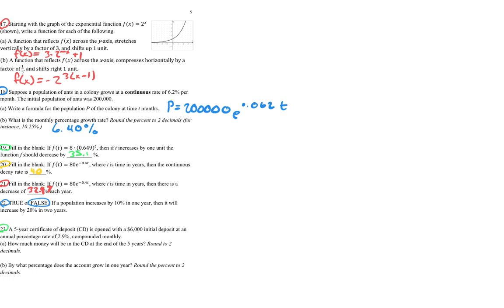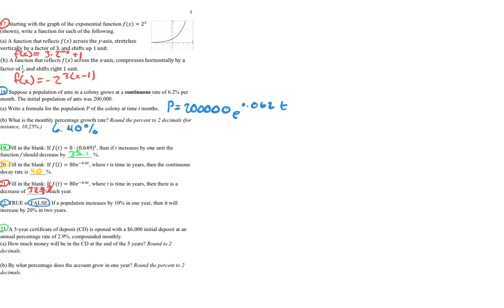Okay, 23, a 5-year certificate of deposit is opened with a $6,000 initial deposit at an annual percentage rate of 2.9%, and it's compounded monthly. So the important thing to notice here is we're saying the annual percentage rate is 2.9, but we're compounding it monthly.